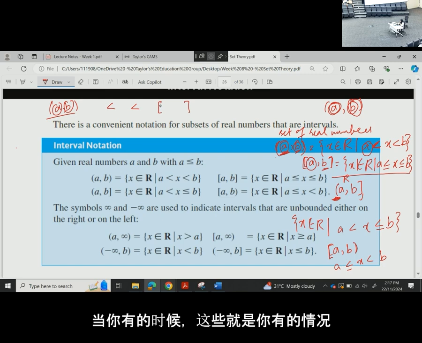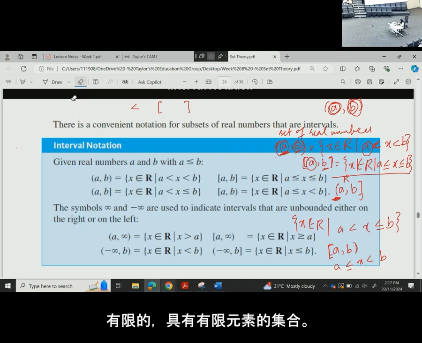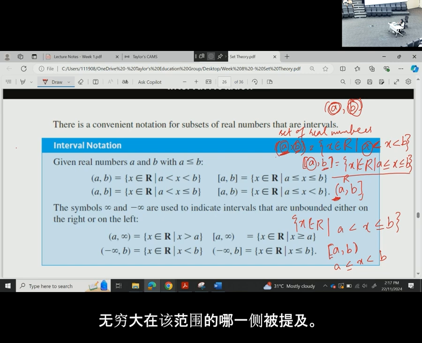These are the cases when you have finite sets with finite elements. When you have infinity involved, you will look at which side of the range the infinity is mentioned. For example, is it on the negative side or the positive side, at the starting point or at the ending point?